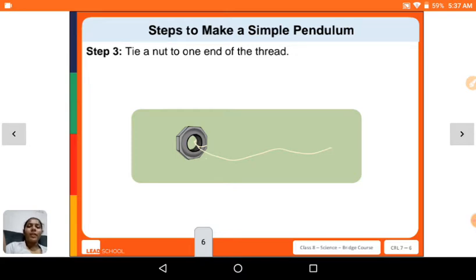Now try to tie that nut. You have nut, right? Nut is that bolt, screw bolt. You know that bolt. Yes, that is what nut is. Something like this. This is screw, like bolt.